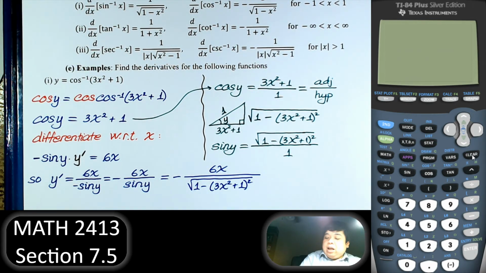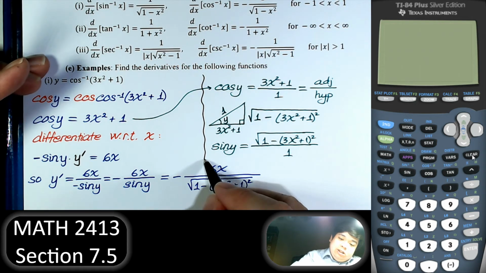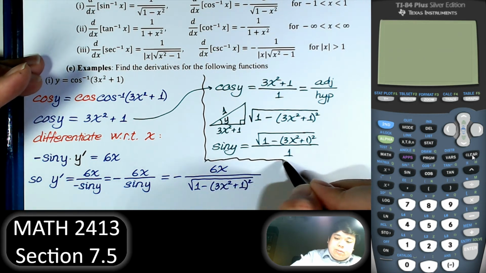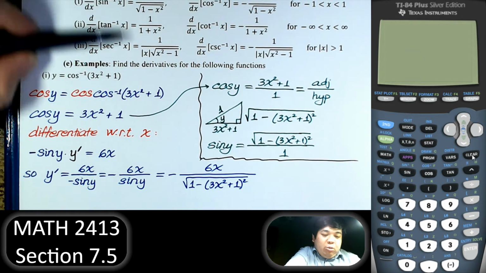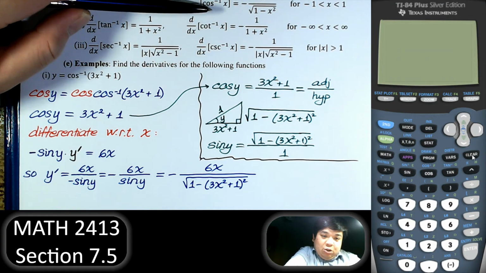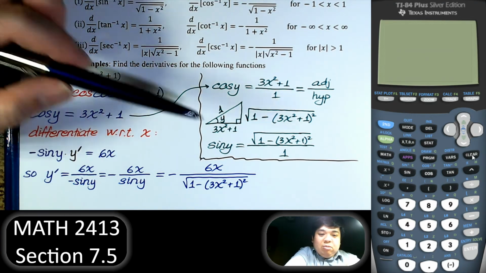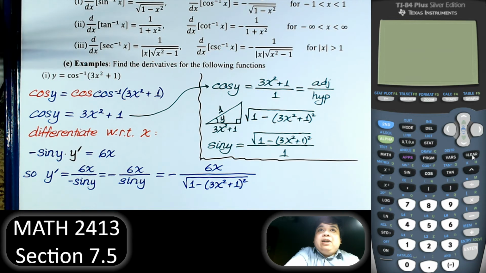So that one we have the derivative. Of course, we don't need to memorize all of that, but the derivative of cosine inverse is going to be negative. So that's what we have there.